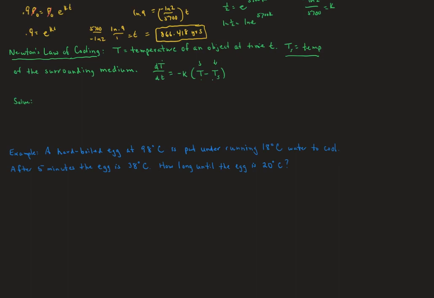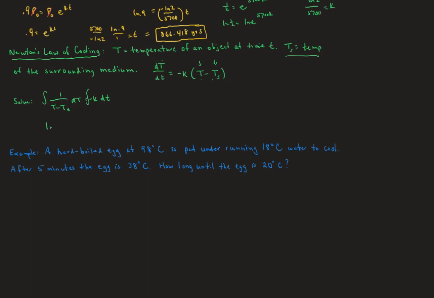That's not a problem, but don't get hung up trying to separate those off. That's not going to work. So we're going to get 1 over (T minus T sub s) dT is equal to negative k dt.